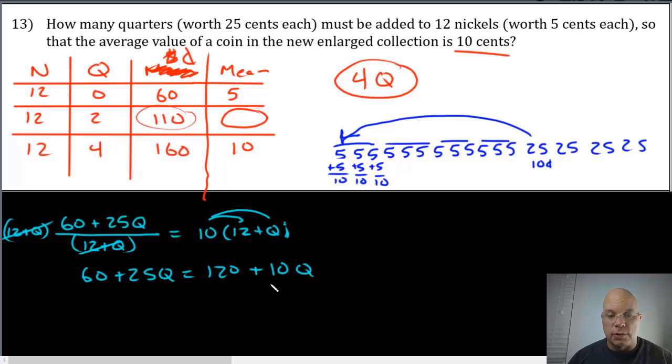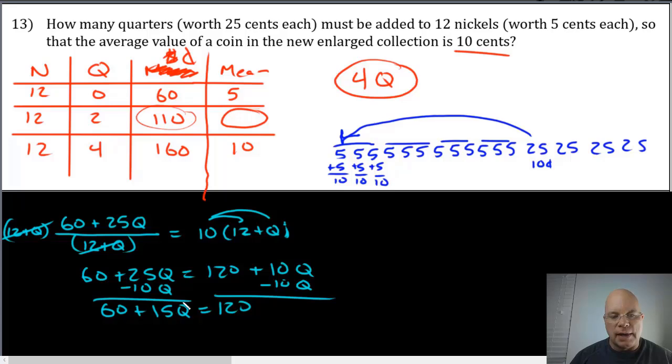And then I don't want q on both sides, so I subtract 10q from both sides. And I get 60 plus 15q is equal to 120. And then I want to isolate q, so I subtract 60 from both sides. Again, property of equality. I get 15q is equal to 60.